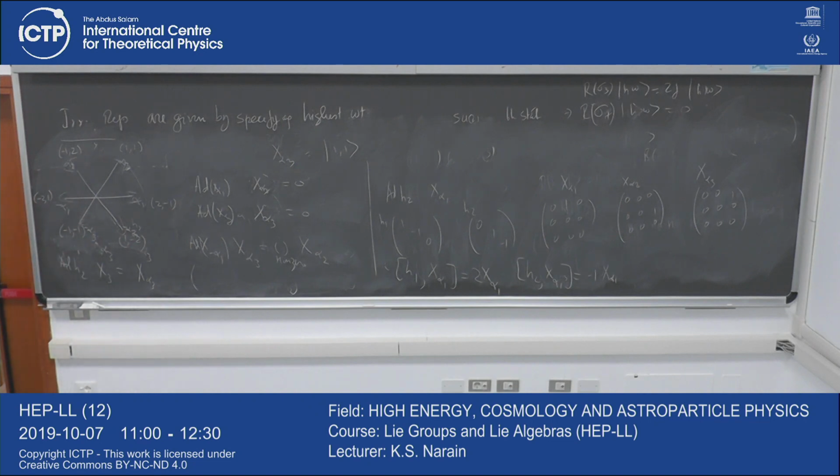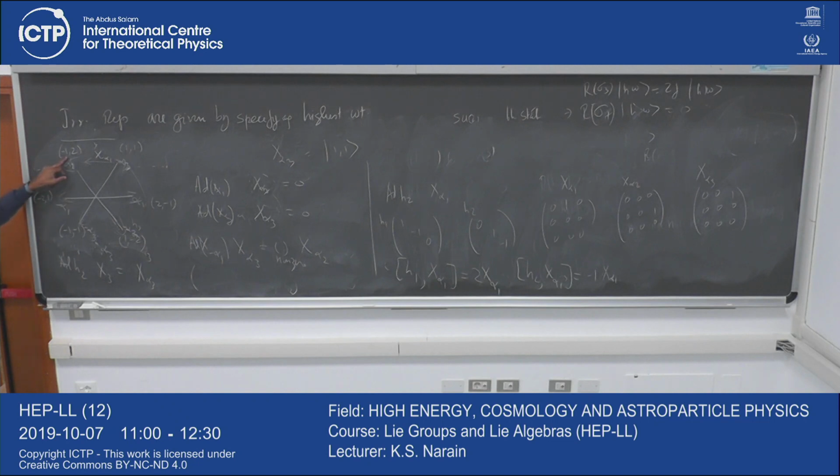So I start from here, apply X minus alpha 1. I make an arrow like this to show that I'm applying the lowering operator of alpha 1. I get here. Now if I apply another one, it should be 0 because it's a doublet with respect to this SU2.